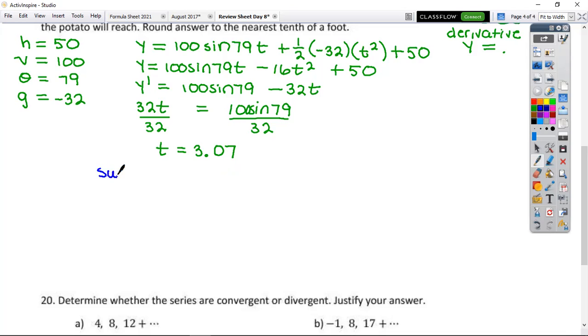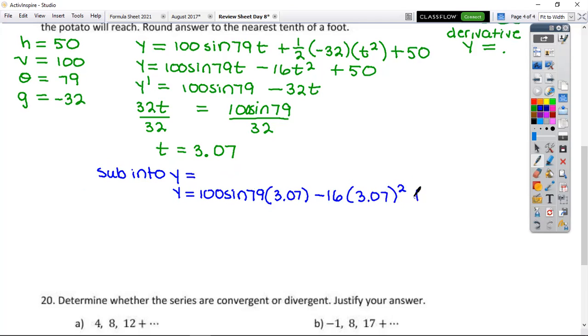So I'm going to sub into my y equals. So I'm now going to go 100 sine of 79 times 3.07 minus 16 times 3.07 squared and plus 50.